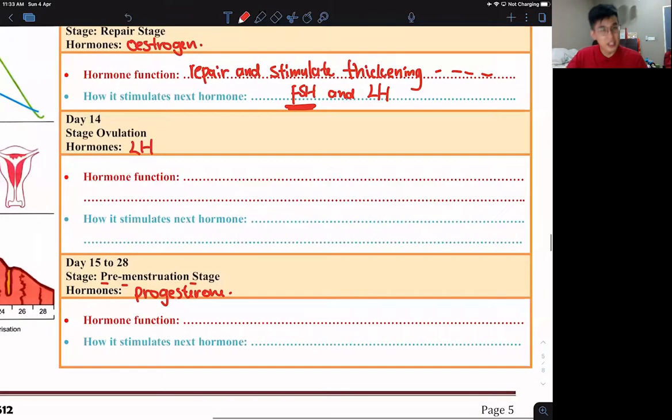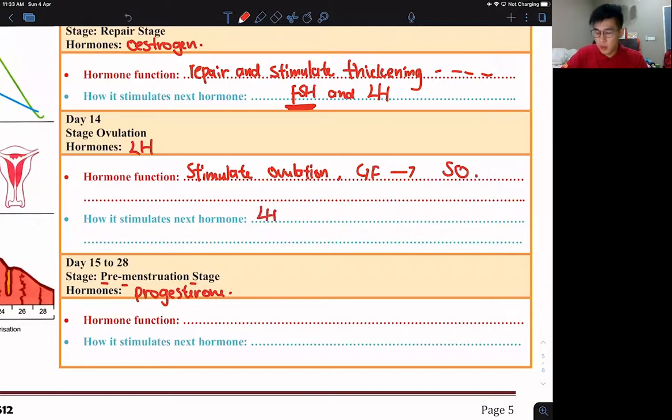So again, the function, we already mentioned just now. Then you can see LH stimulates ovulation. So what is ovulation? Basically, the Graafian follicle releases the secondary oocyte. How does it stimulate the next hormone?